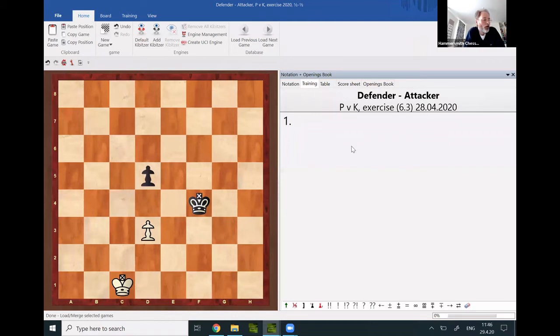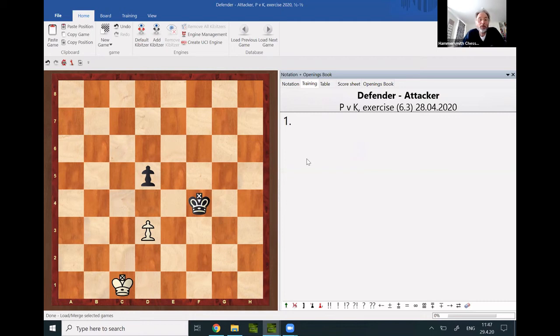So after having learned 5 terms, there are 6 examples going through some of these terms, and actually these are exercises. So I open a position, and then you can stop this and try to solve the exercise. Exercise number 1 would be white to move and draw.